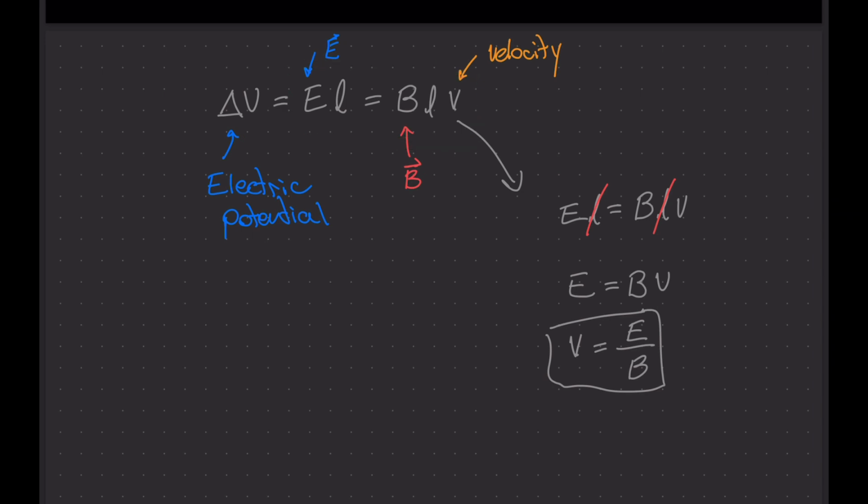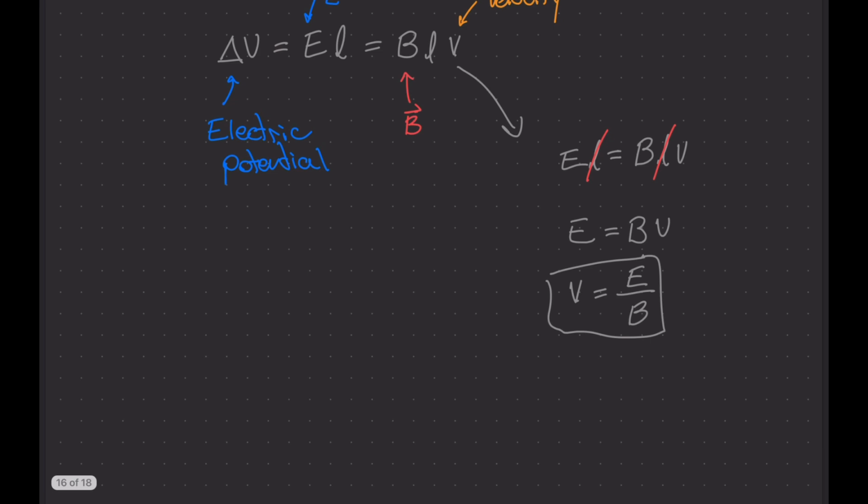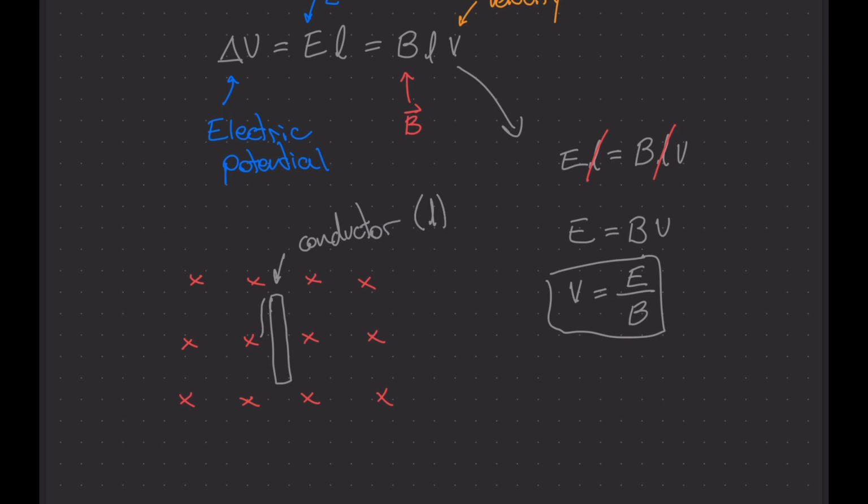But let's take a further look at what this equation is telling you. I'll explain right now what it is. If you imagine a magnetic field like this going into the page, and you imagine a conductor of length L in this magnetic field.